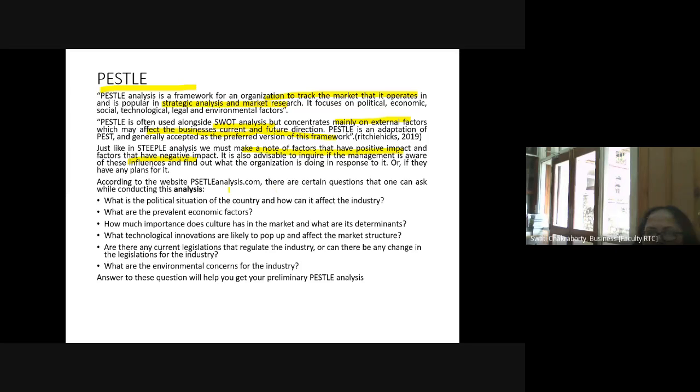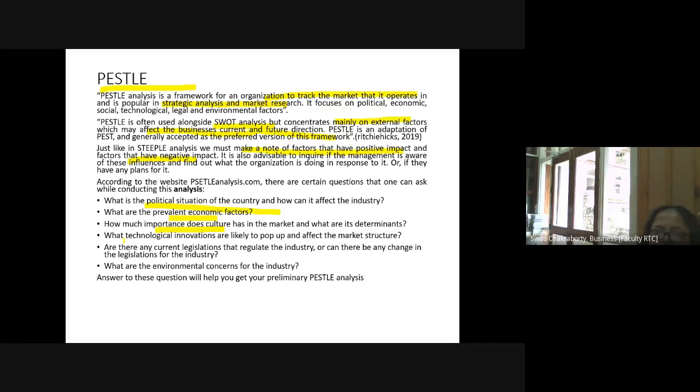Some of the questions one can ask while doing the PESTLE analysis are: What is the political situation of the country and how can it affect the industry? What are the prevalent economic factors? How much importance does culture have in the market, and what are its determinants?